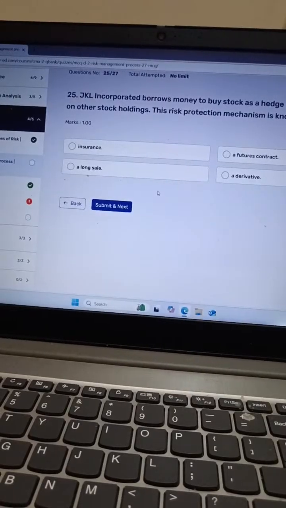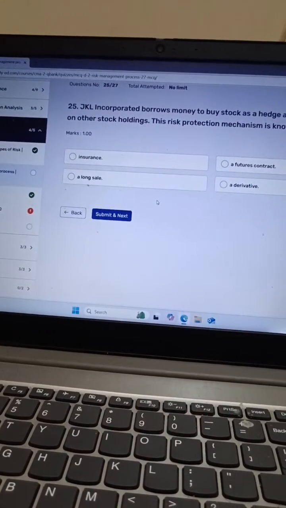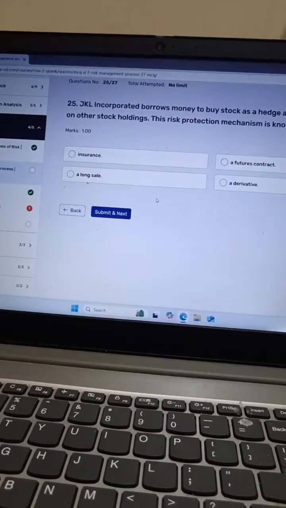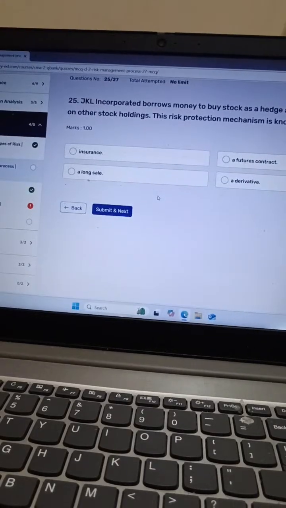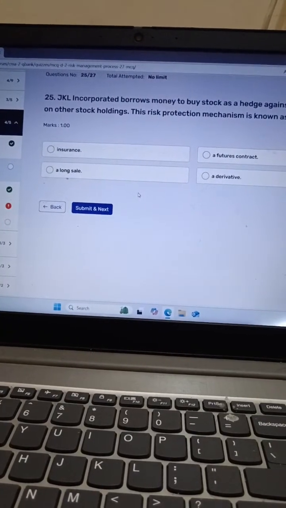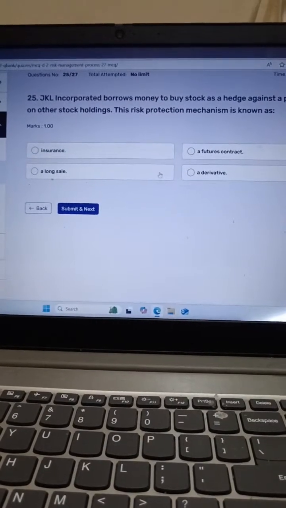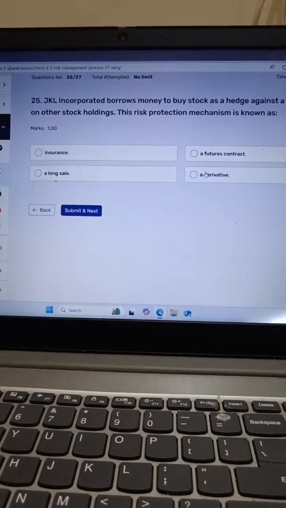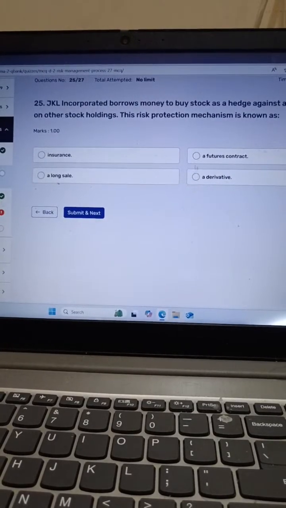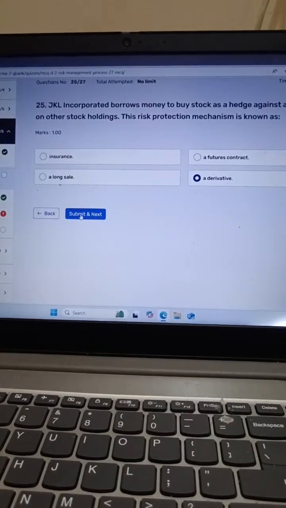Long sale is also not a correct answer. Future contract and derivative option: potential losses, this can also happen. A future contract cannot be this, derivative only.